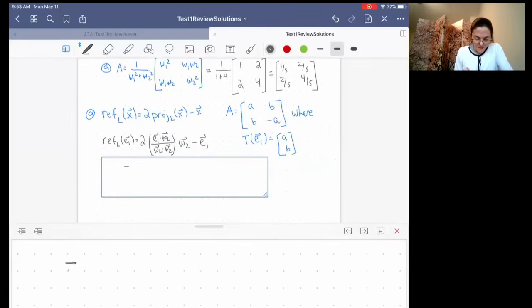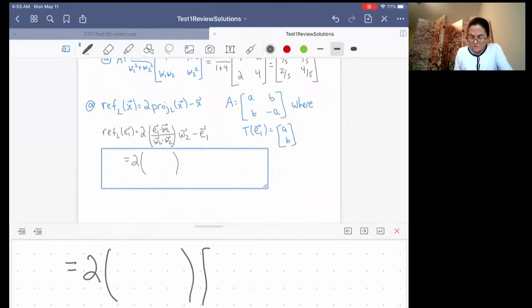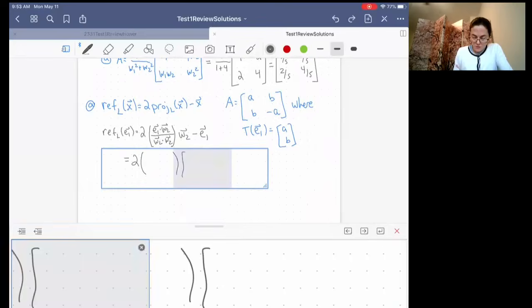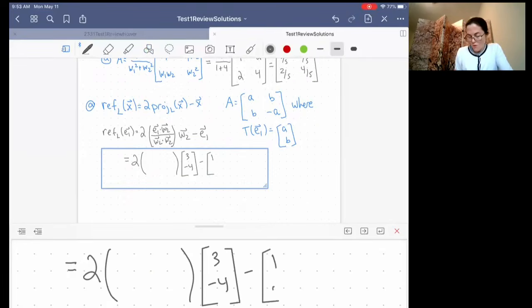We get 2. And the W2 is 3, minus 4. And then minus E1 is just 1, 0. Okay. And then we also have this divided by.